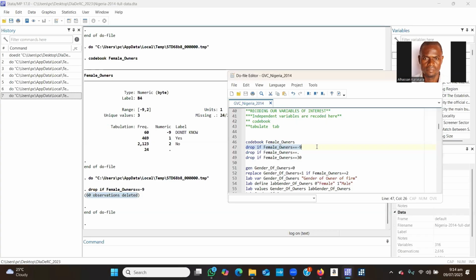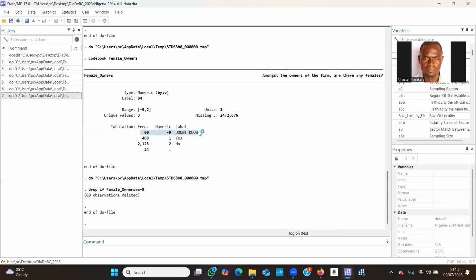In manipulating this variable, you need to be very careful, because if gender is your main variable of interest, for instance, you are looking at firm ownership and firm profit, then the gender of ownership becomes your key variable. So you have to drop these guys because gender matters the most in your study.